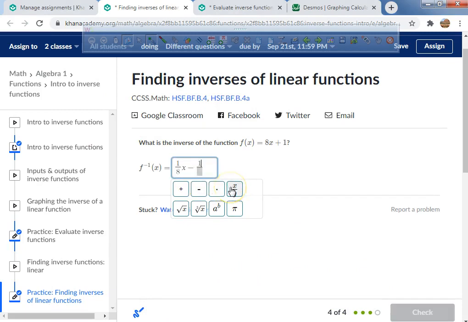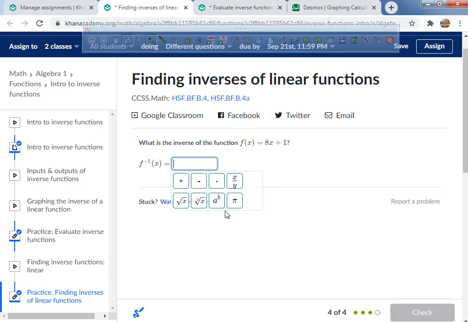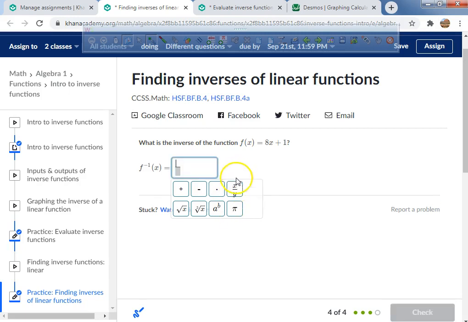Minus 1 over 8. And if I do that, it should count it correct, because this is actually in slope-intercept form. But what was I telling you that you could also type in? If you wanted to, you could put this, and then in the numerator put what? X minus 1, and put it all over an 8, and it should still accept it as the answer.